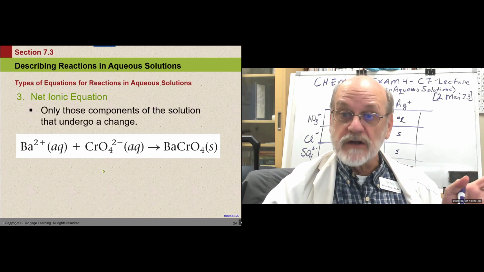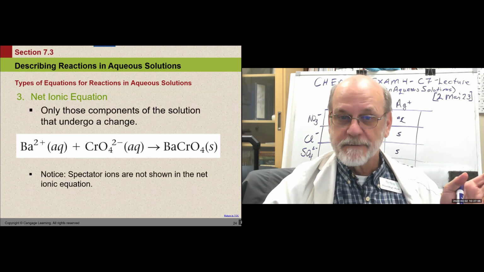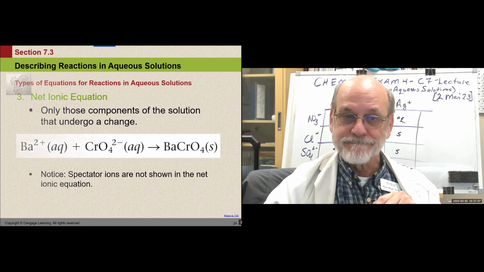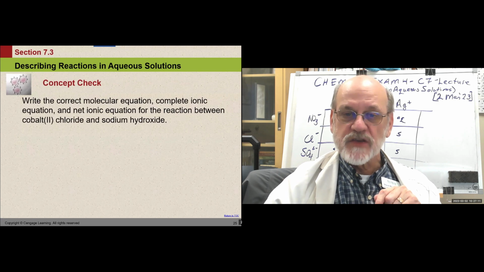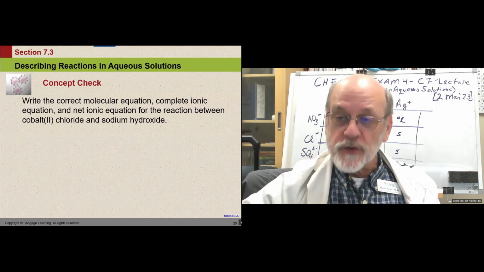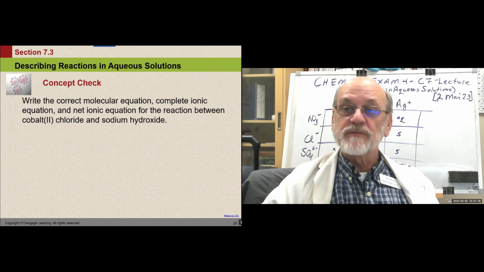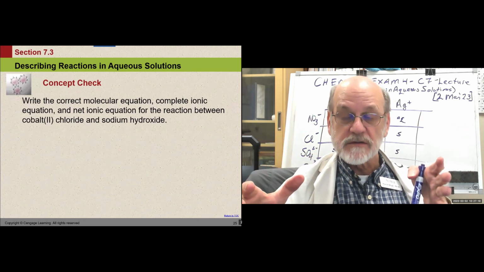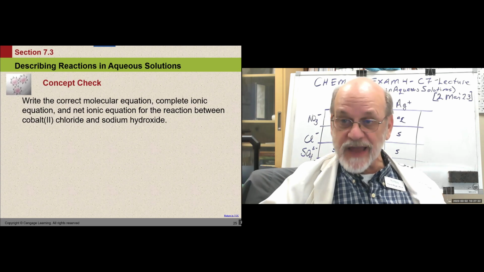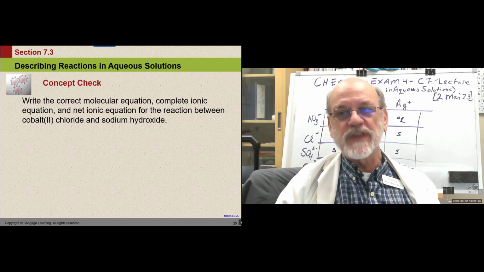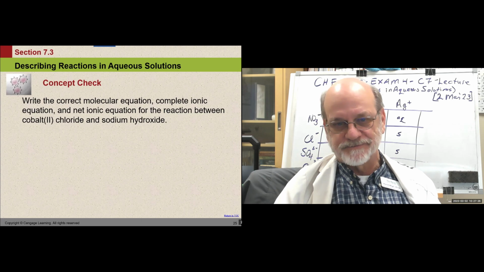The others are spectators. Okay? So that's how you sequence through a precipitation reaction: write the molecular equation, then the complete ionic equation, then cancel out the spectators, and you're left with a net ionic equation.